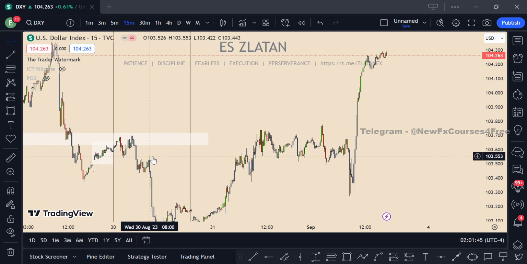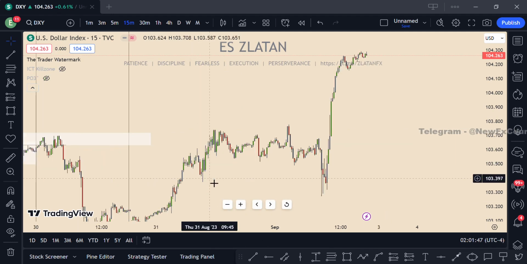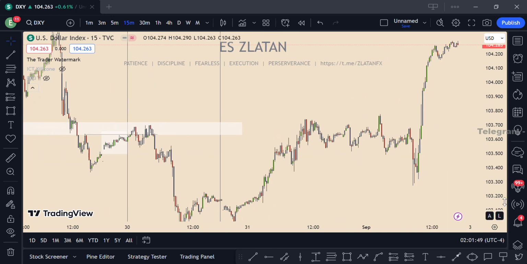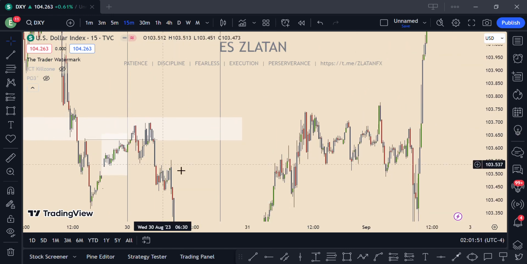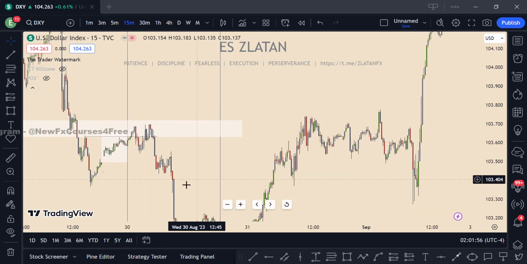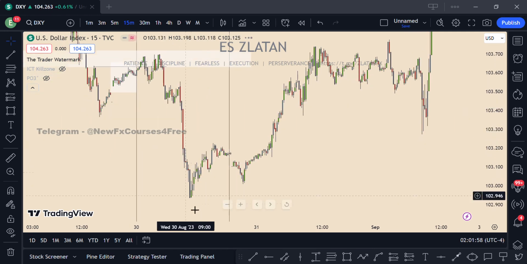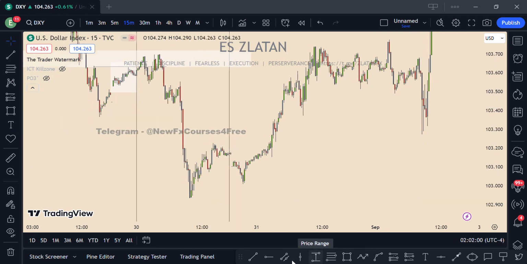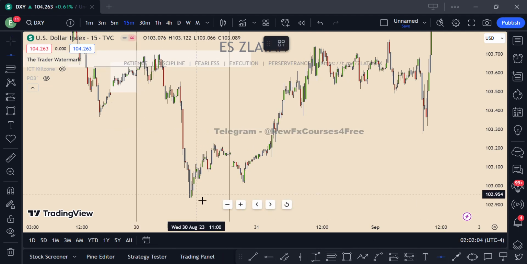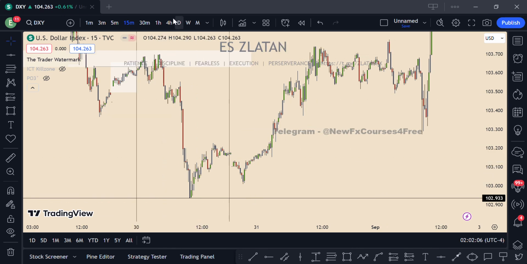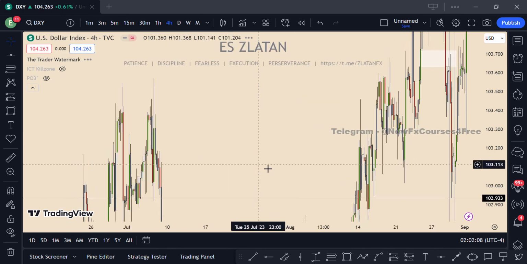We manipulated into that and took out the high of that range before New York. OTE, New York OTE, and the close right here.